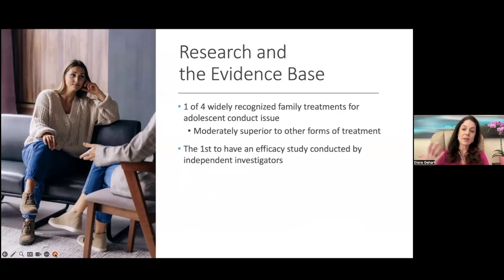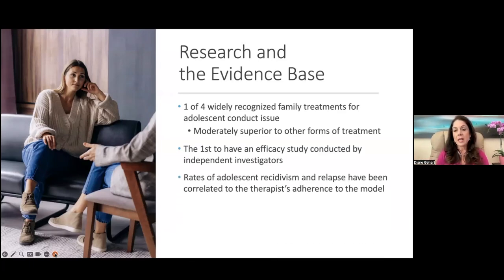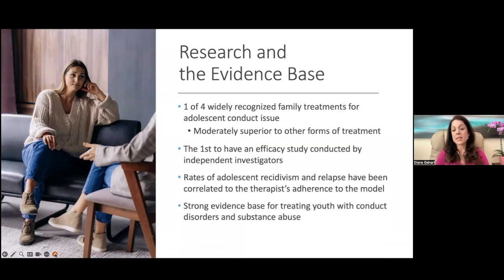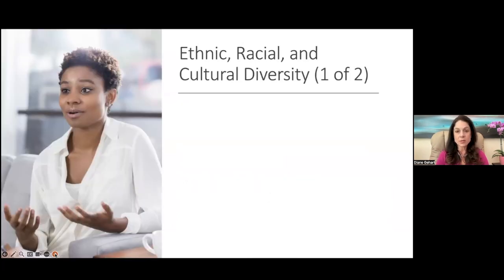This is the first to have an efficacy study conducted by independent investigators. The rates of adolescent recidivism and relapse have been correlated to the therapist's adherence to the model, meaning therapists who follow the model more strictly tend to have better outcomes. And so this has strong evidence for treating youth with conduct issues and with substance use disorders.